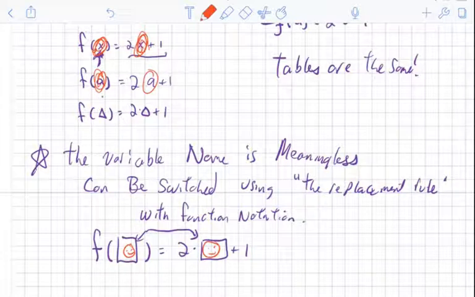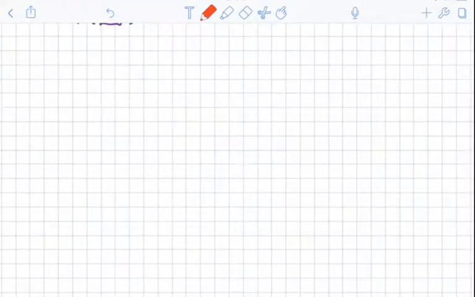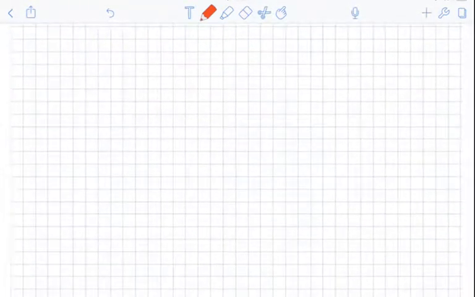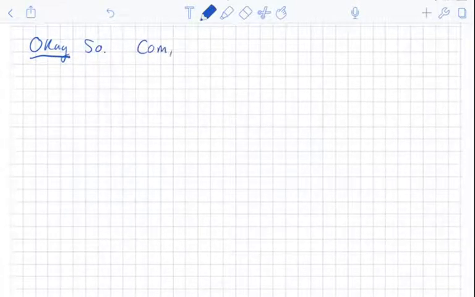Okay, so composite functions. Whenever people give you a function, they're usually going to write it down in terms of the variable x.